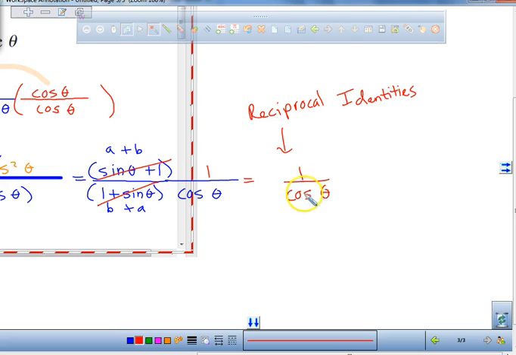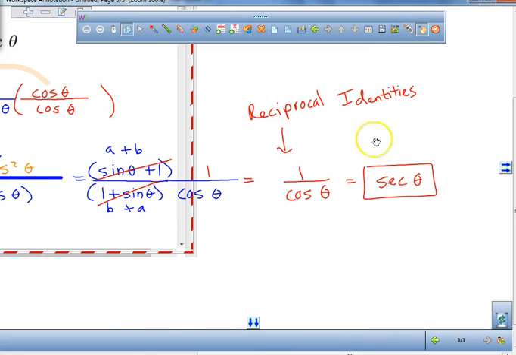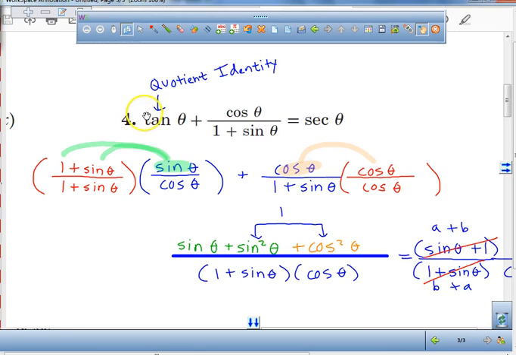Don't just say, well, 1 over cosine theta equals secant theta. Not that there's anything wrong with that. But to be more specific, say that 1 over cosine of theta is the reciprocal identity of the secant of theta. And by the way, what were we trying to verify? We were trying to verify that this side equaled this side.